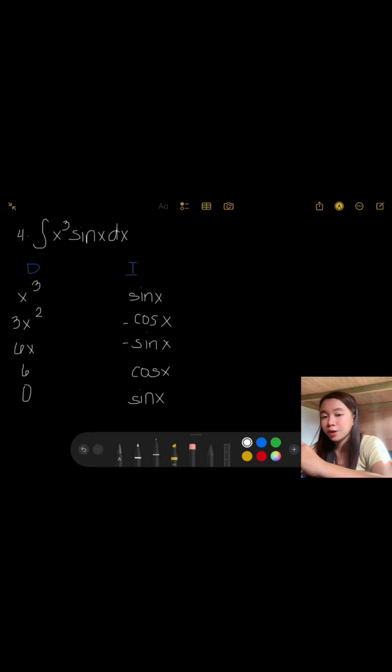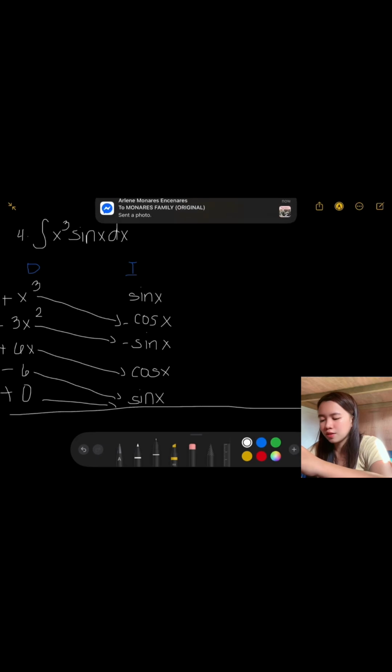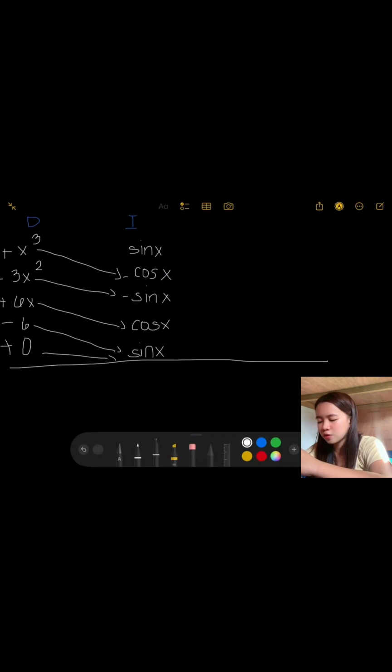So our sign will be positive, negative, positive, negative, positive. So we will multiply x cubed by negative cos x, 3x squared by negative sine x, 6x by cos x, negative 6 by sine x, and 0 by sine x. So x cubed multiplied by negative cos x is negative x cubed cos x.